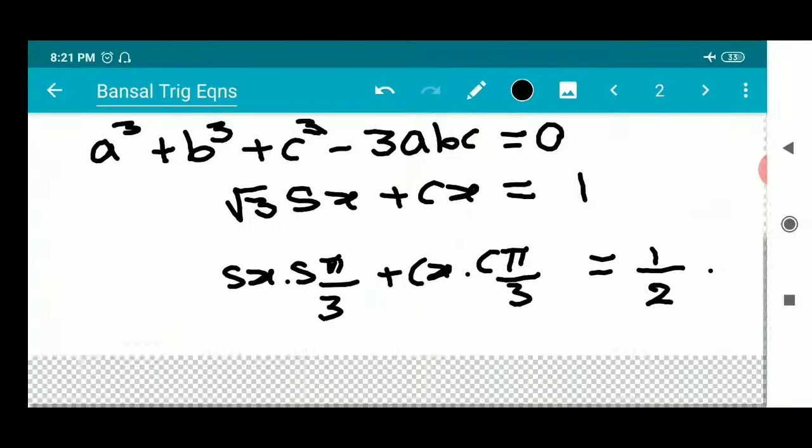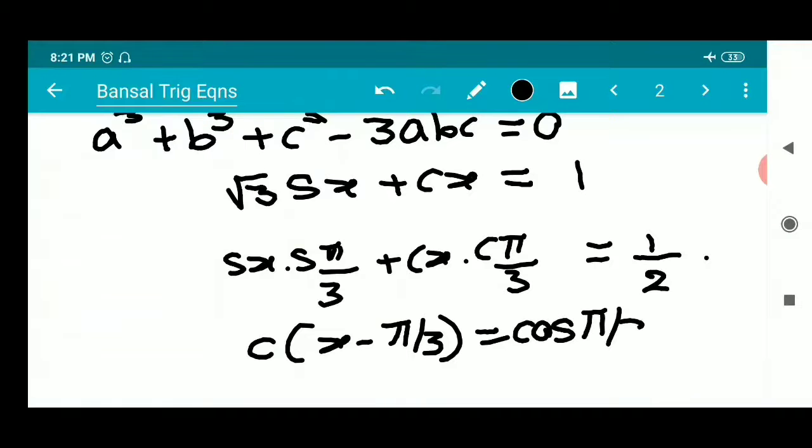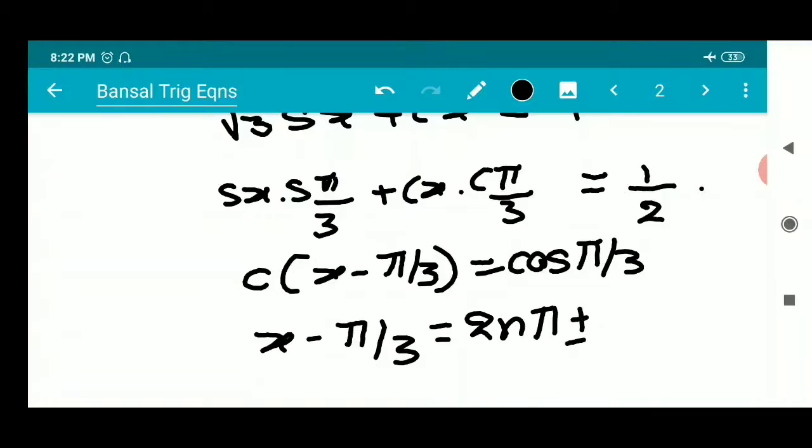So cos a cos b plus sin a sin b is cos of a minus b, and this is cos 60 degrees. So cos theta equals cos alpha. So the general solution is 2n pi plus or minus alpha, pi by 3.